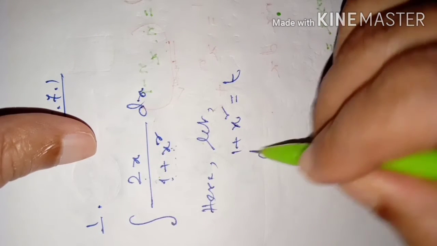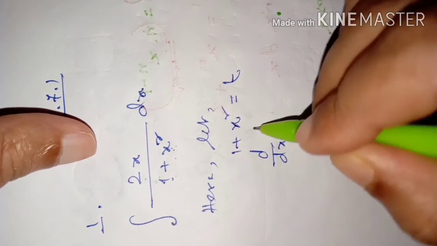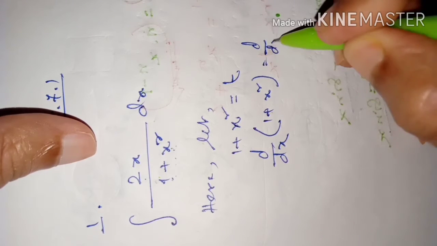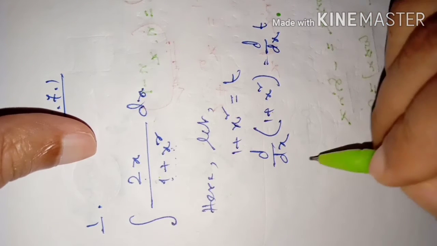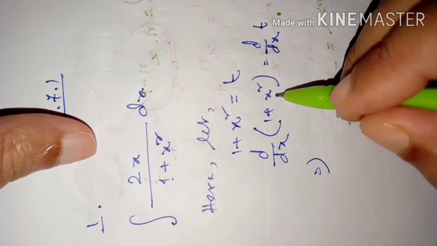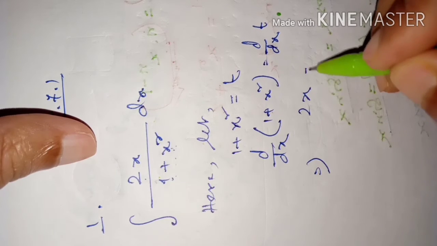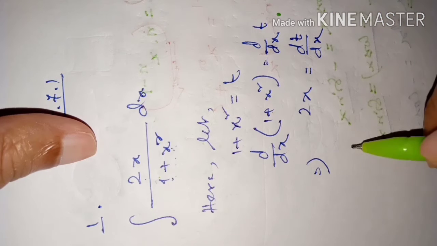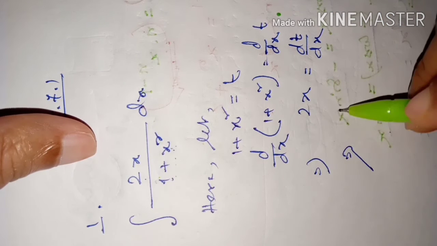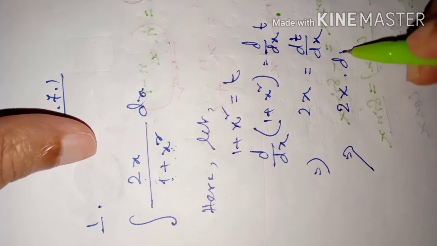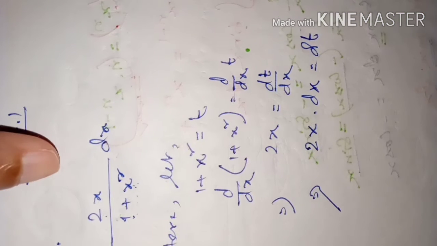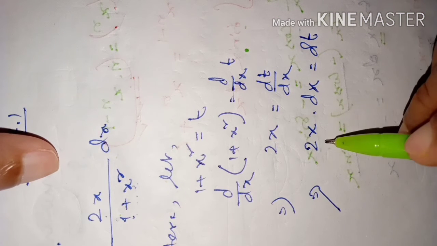Then d by dx of 1 plus x square will be equal to d by dx of t, which gives us the derivative twice x. Twice x equals dt on dx. So twice x into dx is giving us dt. Okay, dear students? So dt can represent twice x into dx.